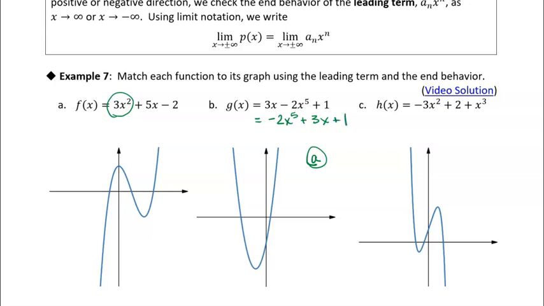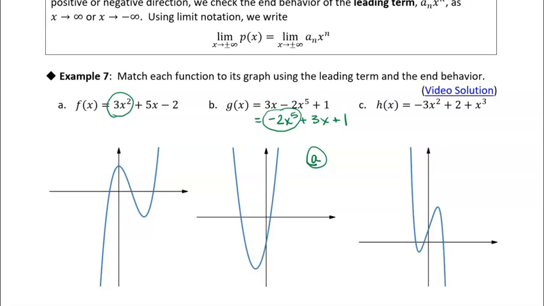But either way, we had to identify the leading term of this polynomial, and it's this minus 2 times x to the fifth, okay? That's our leading term. And then we know that the behavior of the polynomial is the same as the behavior of that leading term.